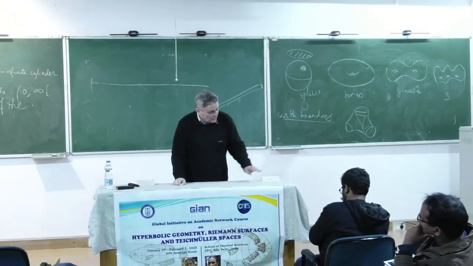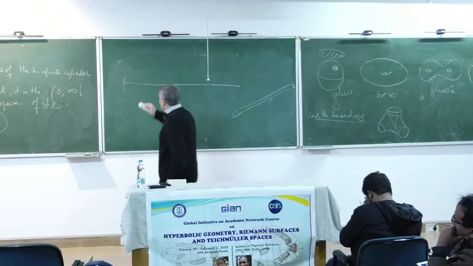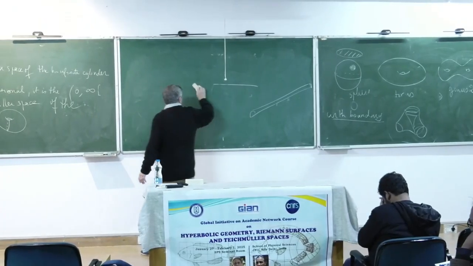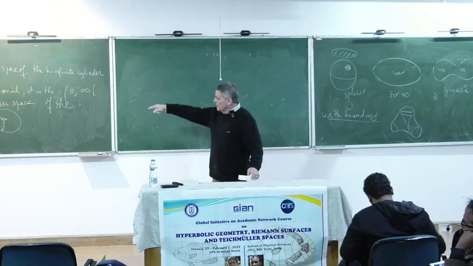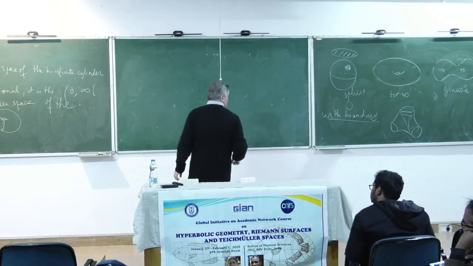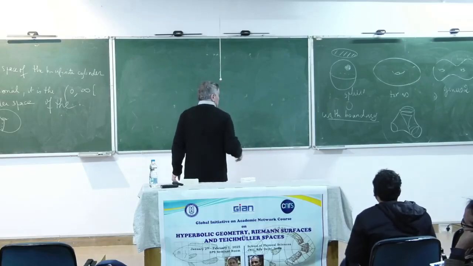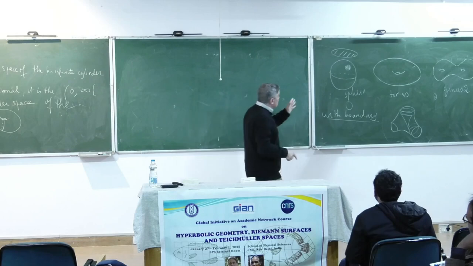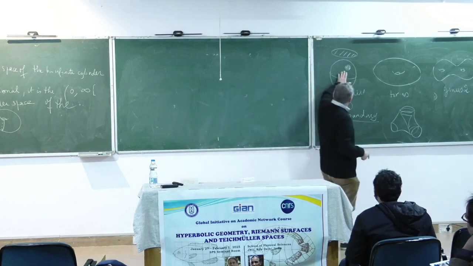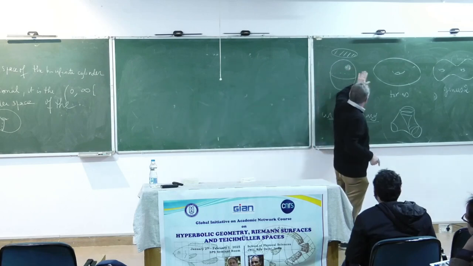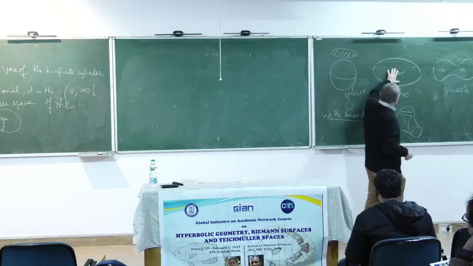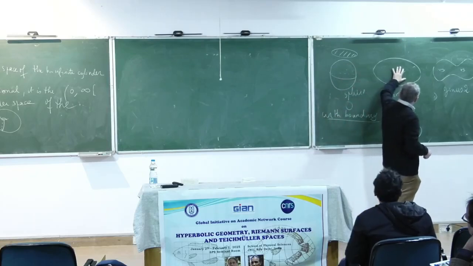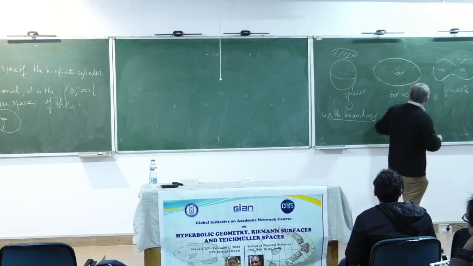But what is true, which I want to emphasize now. I will complete there. So for all these surfaces, forget about the sphere because I said the spherical is not so interesting for this theory. For the surface of genus 1, this is Euclidean.